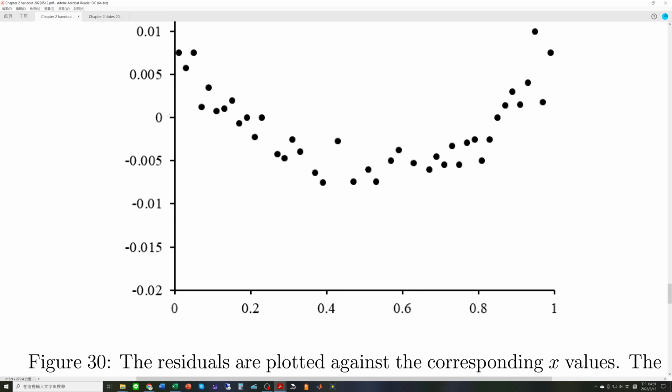Here is the line Ri is equal to 0, and you can see that these black points are around a parabolic curve, like this.